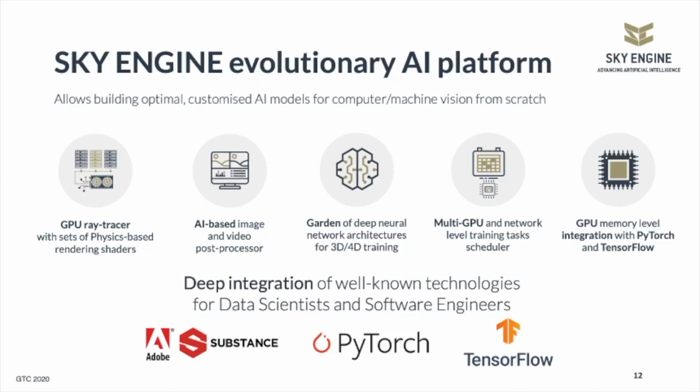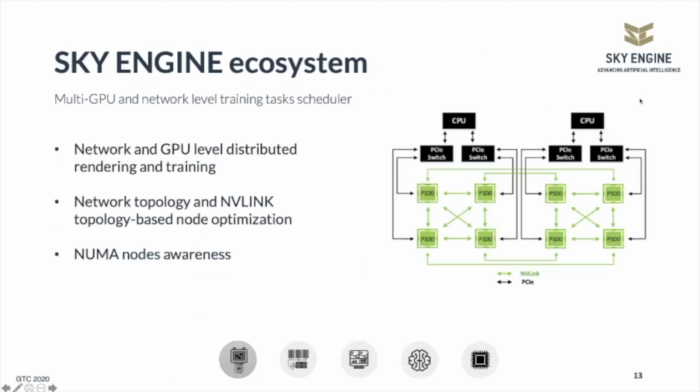Also, we have a multi-GPU and network level scheduler, so the system is able to do rendering in a distributed way. And we are tightly integrated at the level of GPU memory with PyTorch, and now we're also working on integration with TensorFlow. So we can look closer at these things. One thing is that we are aware of the topology of more complex systems dedicated to deep learning.